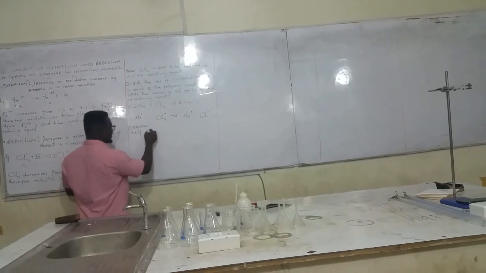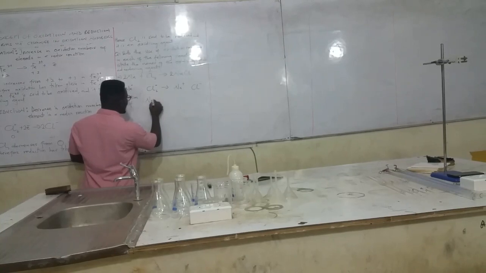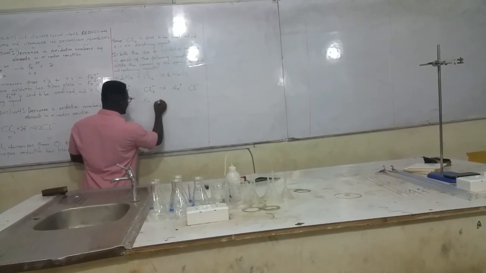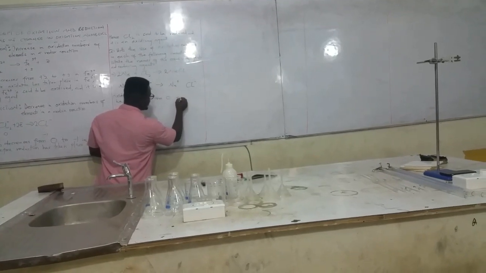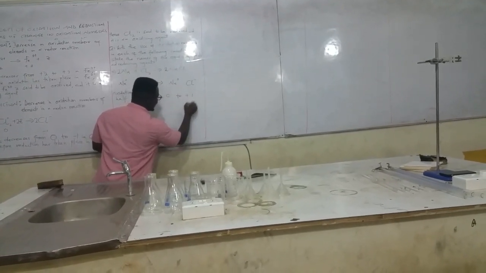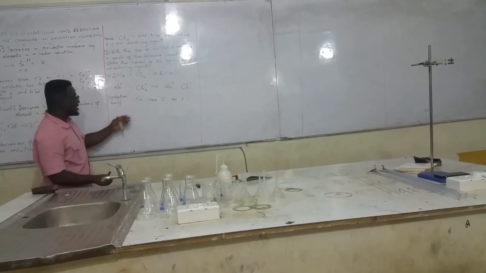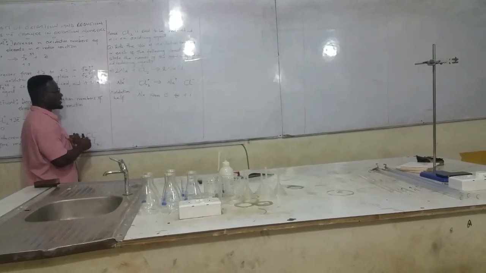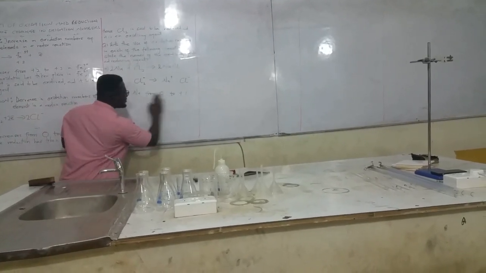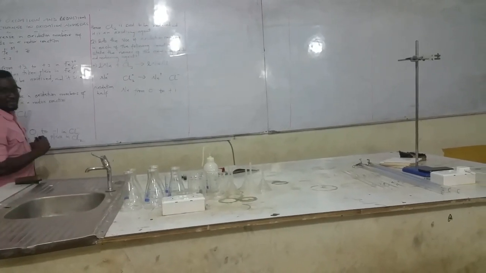We have Na, from 0 to +1. So the oxidation numbers, we have Na from 0 to +1. So it means that here there has been an increase. Therefore, it is an oxidation process.